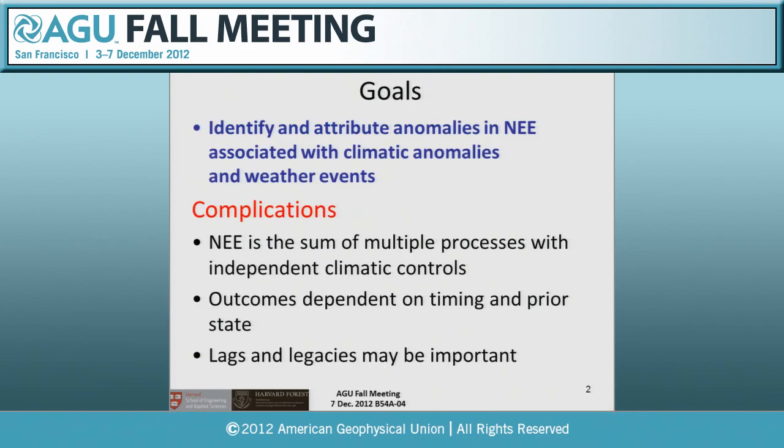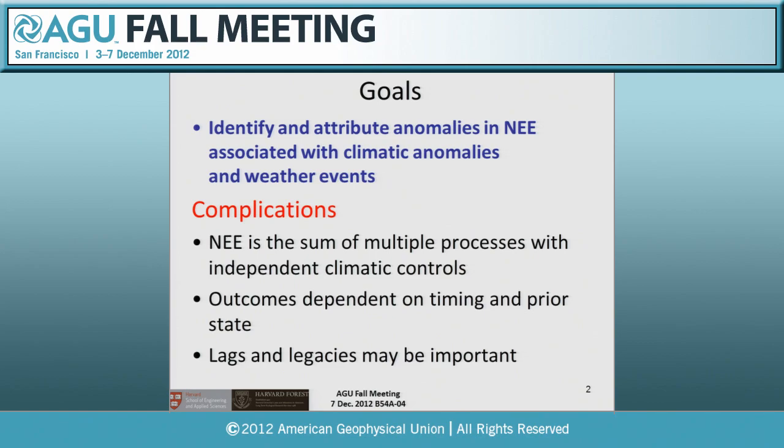So in a nutshell, my goal in the next 15 minutes is to identify and hopefully attribute some anomalies in the net ecosystem exchange and try to associate those with climate anomalies or other events. There's a complication in looking at NEE, because we're measuring NEE, and that combines multiple processes.